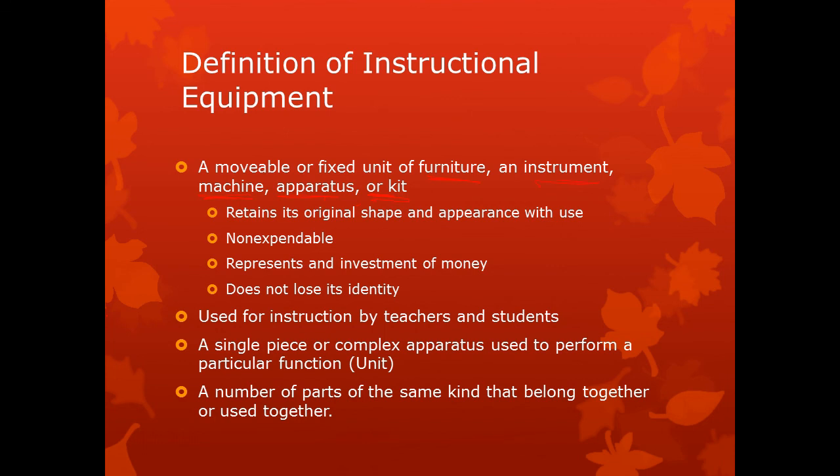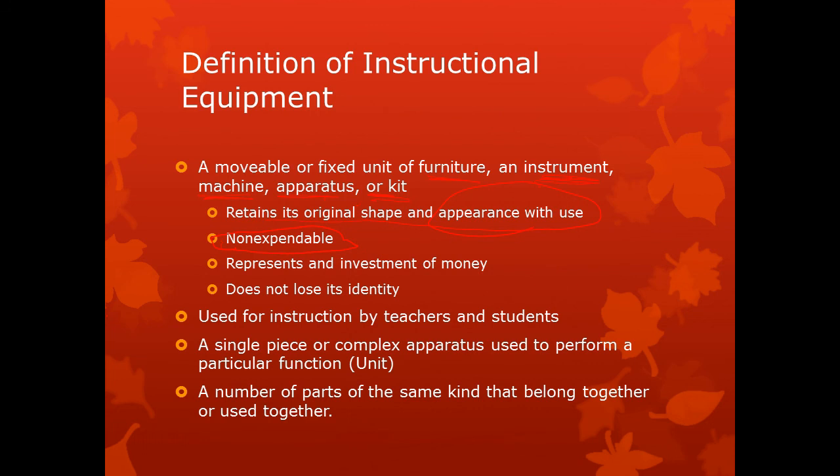Now, one of the things about them is that each one of these pieces of equipment retains its original shape and appearance with use. So whenever we use it, it stays the same. It's also non-expendable. That means we're not going to use it for a little while and then run out.